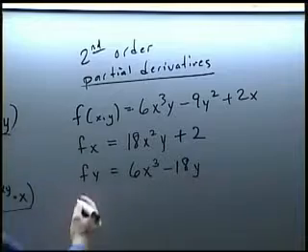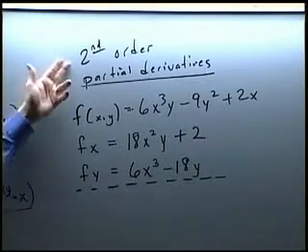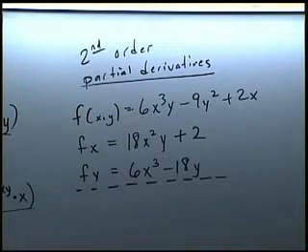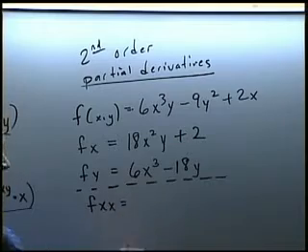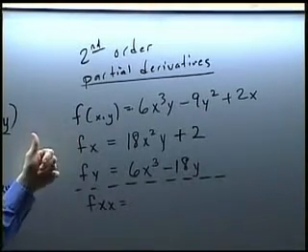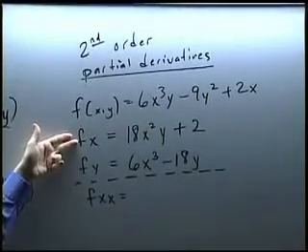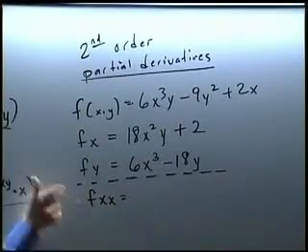All right, there's going to be lots of options for second order partials, because we've got lots of combinations possible. One of the combinations is I could take the derivative of this function with respect to x again. I took the derivative with x the first time. I could take the derivative with respect to x again. So let's do that.